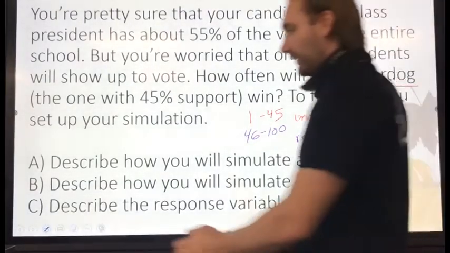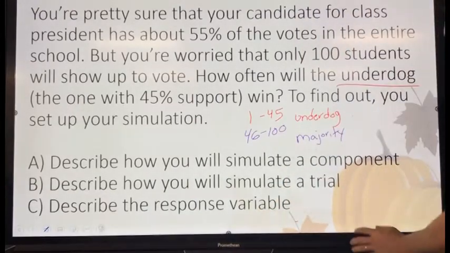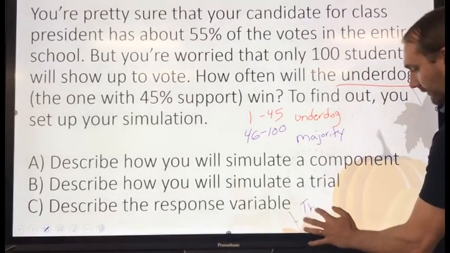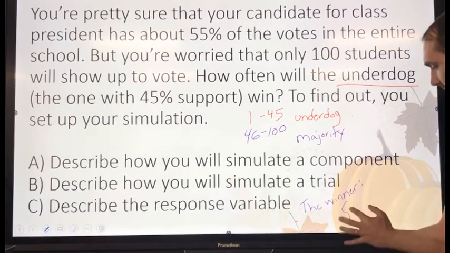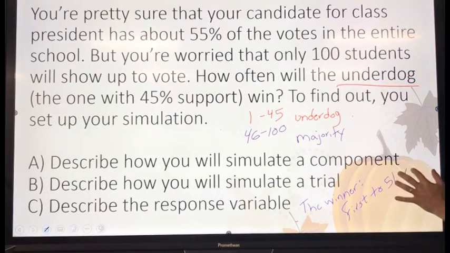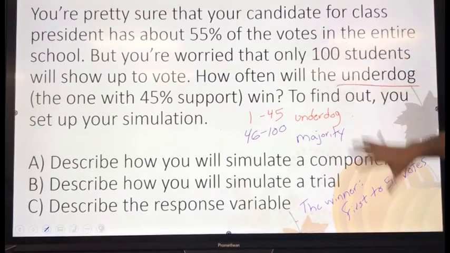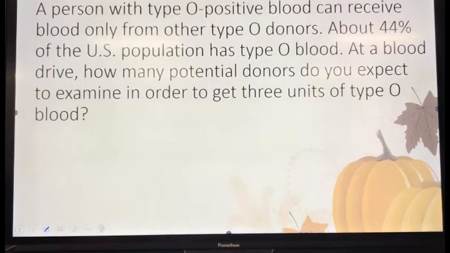Out of 100 students, 51. So describe the response variable. The winner. First to 51 votes. Doesn't make sense to keep on running 100 times, right? Once we get to 51, we're done. We know they won. So we're actually going to run this and see your results.